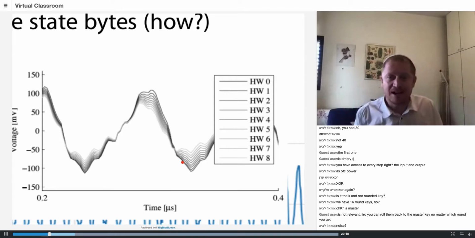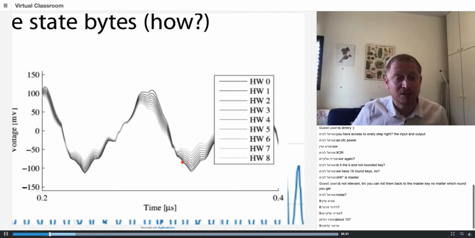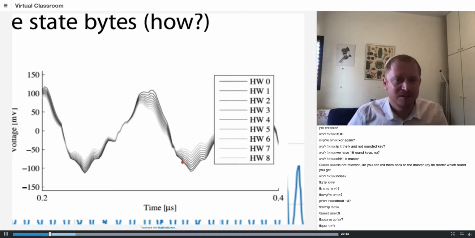How many lines appear here in this graph? You're supposed to type in a number now in the chat. 9. Thank you very much. Yeah, 9. So there are 9 different power consumption patterns.